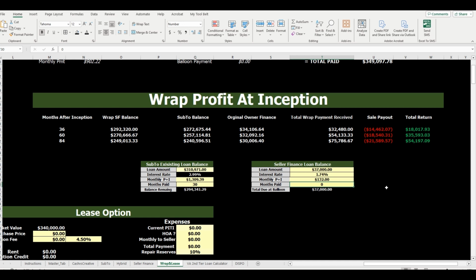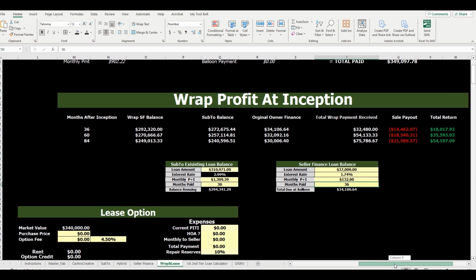In this case, my balloon period for this remaining seller equity is going to be 36 months. And so there will be 36 months paid on this note. And at the end of the balloon, I will owe the seller $34,106 at the end of the 36-month term.